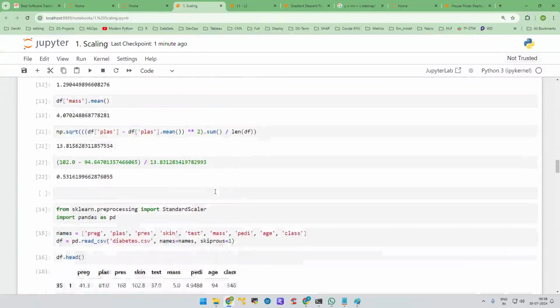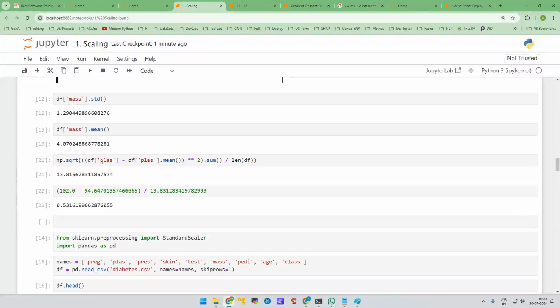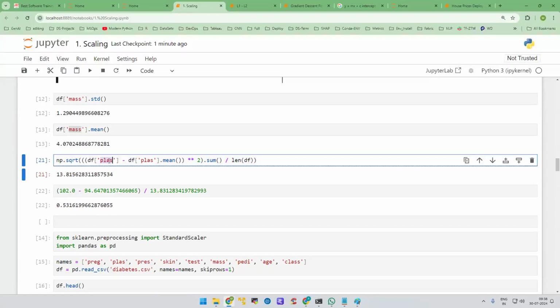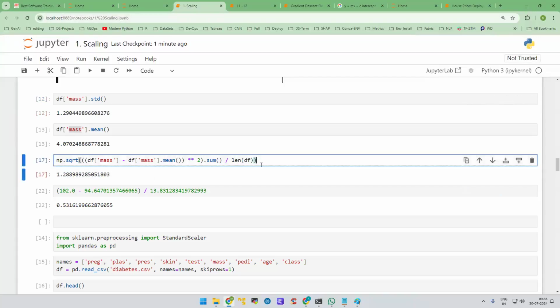Even before applying this, this is each value minus the mean, divided by the standard deviation, right? This is the standard deviation formula. We can even calculate this. Yeah, I think it's matching with this one. I would have copied directly from the standard deviation script.